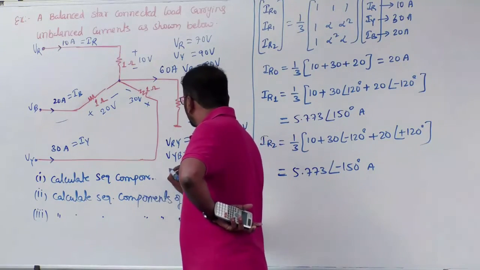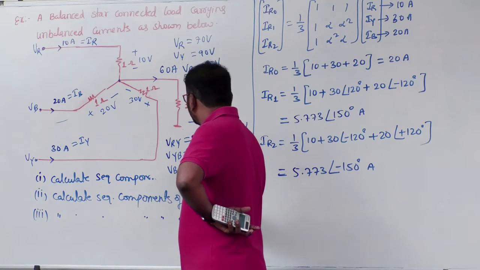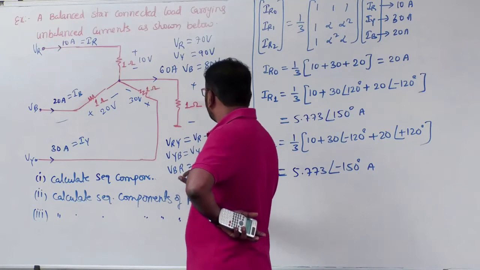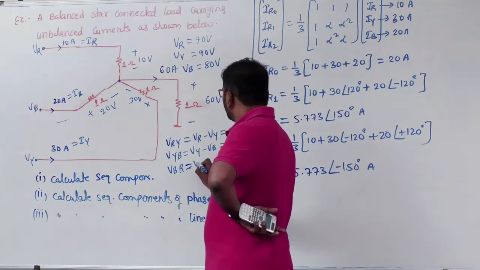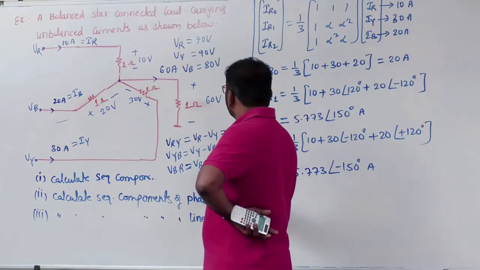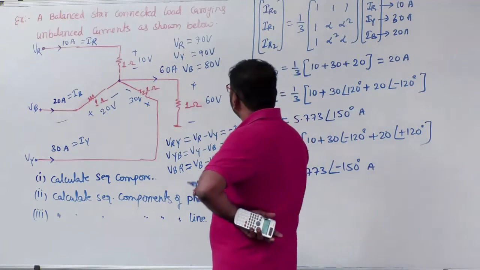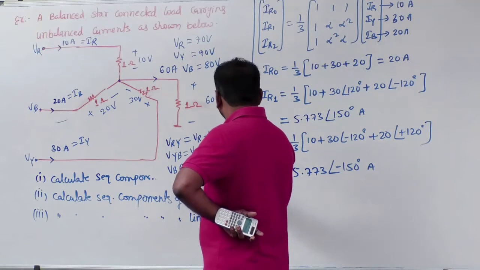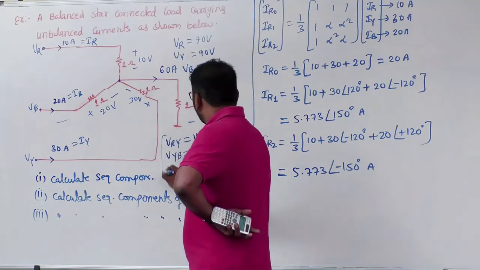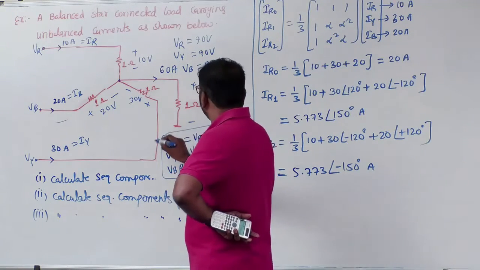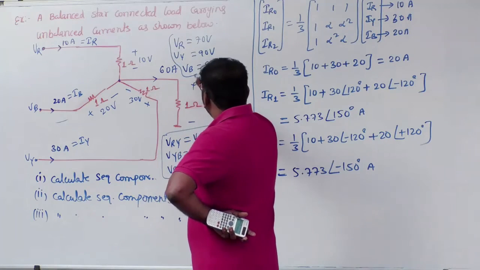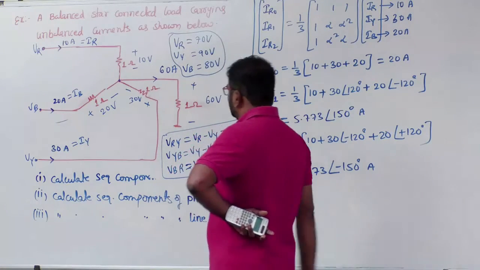Finally, the line voltage Vbr is Vb minus Vr. Vb is 80 volts, Vr is 70 volts, so 80 minus 70 is again 10 volts. Clear? Now these are the unbalanced line voltages, and these are the unbalanced phase voltages.